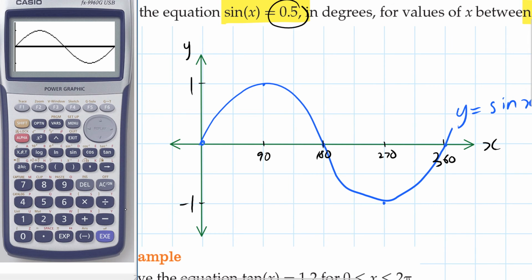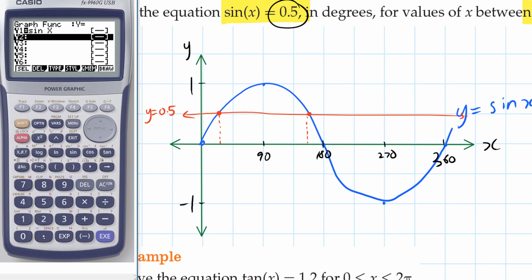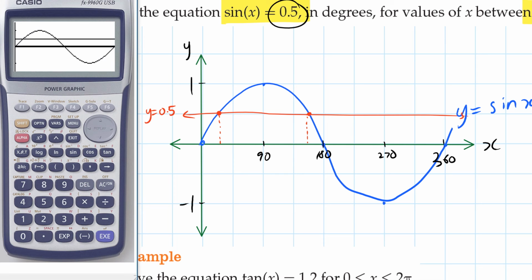Now if it's equal to 0.5, that's like saying that there's another line going across. That line there would be y equals 0.5. And you can see that it crosses in two places in this interval, so there's two possible values that we can get. So we put that equation into our calculator, 0.5, and we get that same line.